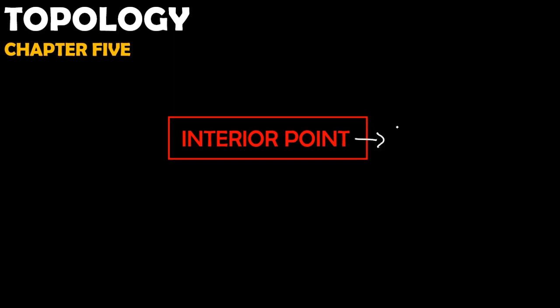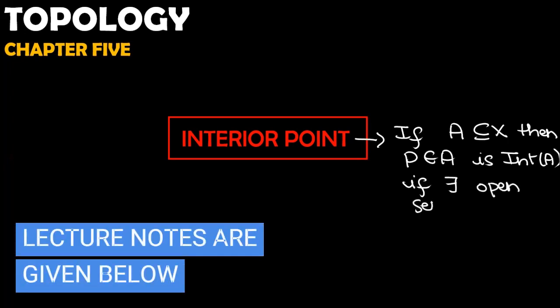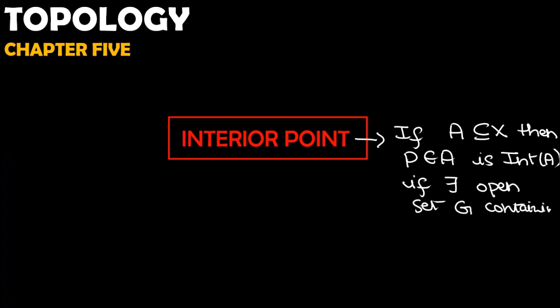So if A is any subset of X, then P belongs to A is an interior point of A if there exists an open set G containing P which is a subset of A. What does that mean?